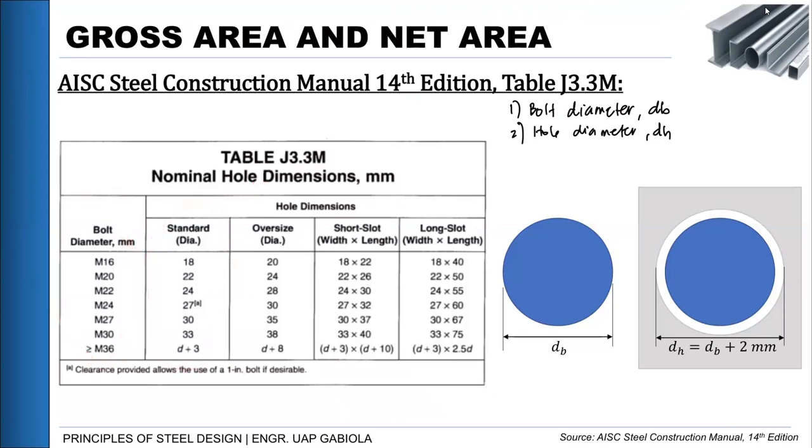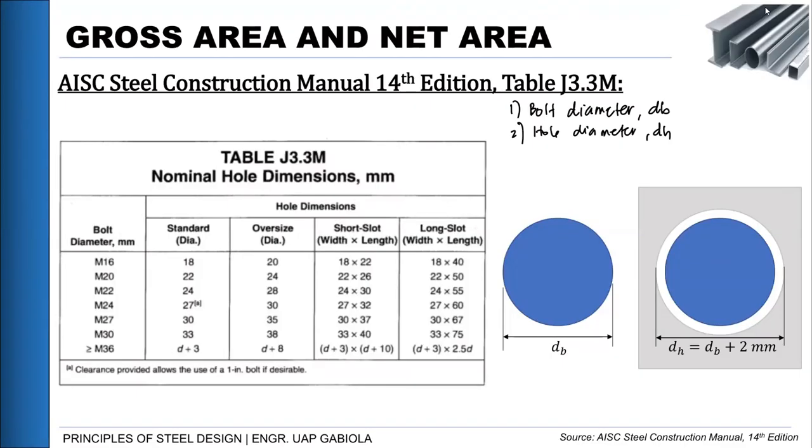So, sa standard lang tayo. So, halimbawa, given sa atin is diameter 20. So, ang hole na gagamitin natin is 22. Okay? Bakit nagkameron ng adjustment? Kasi di ba pag halimbawa, meron tayong diameter ng bolt, tapos gusto natin siyang ipasok doon sa butas ng plate, pag saktong-sakto lang yung diameter natin, medyo mahirap siyang ipasok.